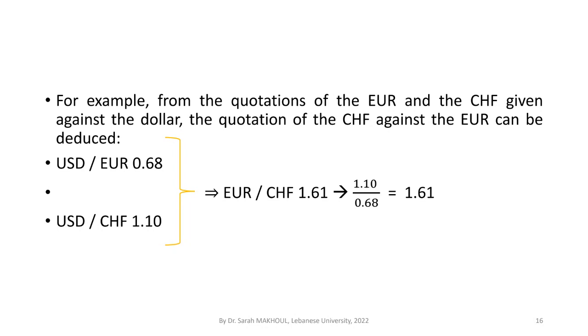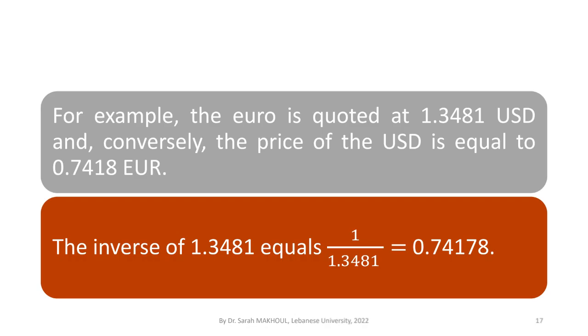So all I have to do is use the cross path: 1.10 divided by 0.68, and you will have the cross rate. This is useful to know what to do on a forward market.